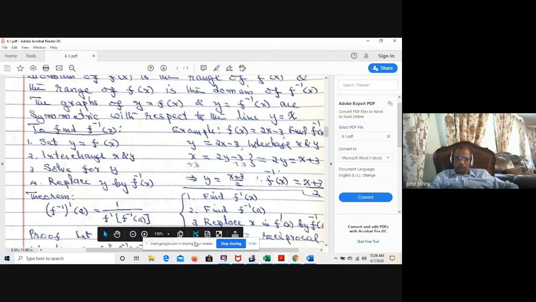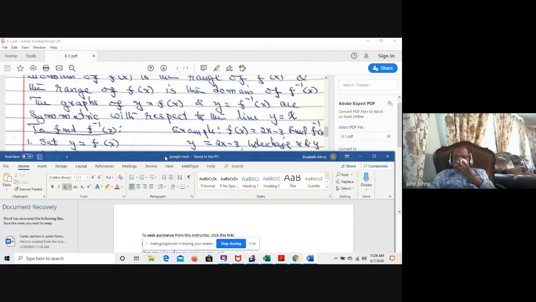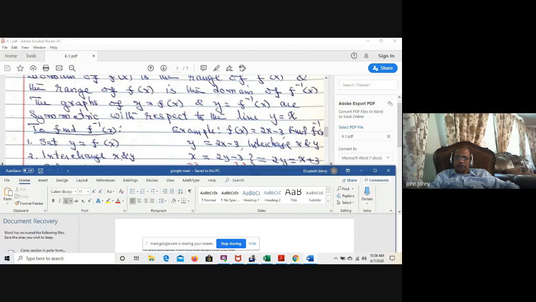Find f inverse x. First step, set y equal to f(x), so y equals 2x minus 3. Next step, interchange x and y. When you interchange x and y, x becomes y and y becomes x. So that becomes x equals 2y minus 3.